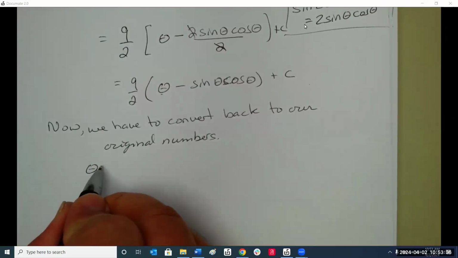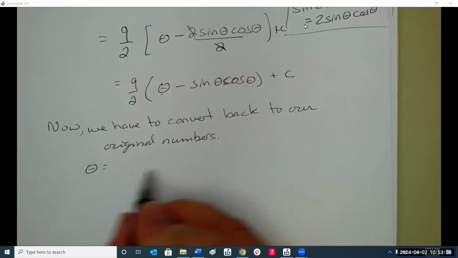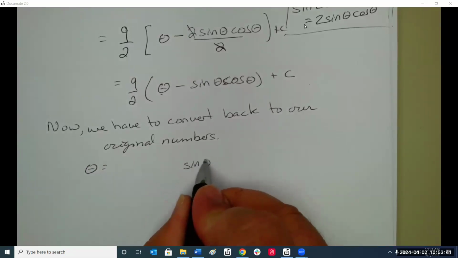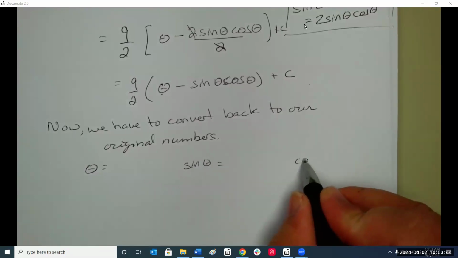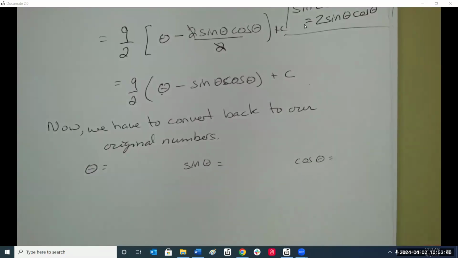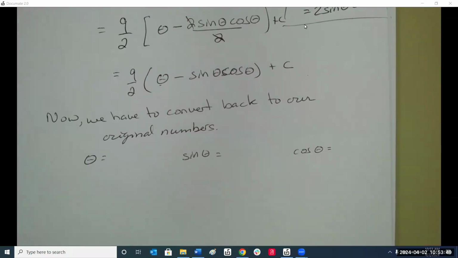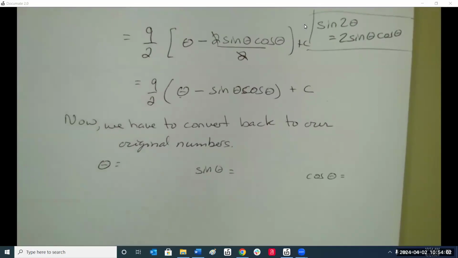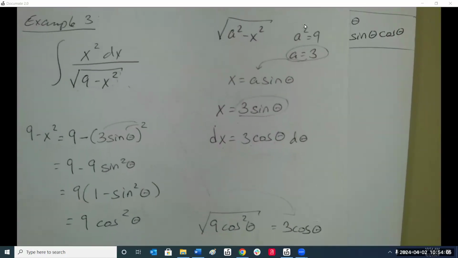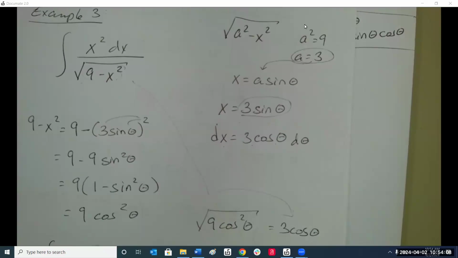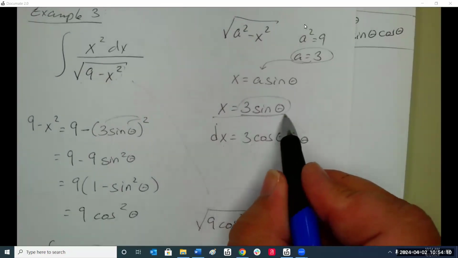We have to find what theta means, what sine theta equals, and what cosine theta equals. So here, we can find theta.